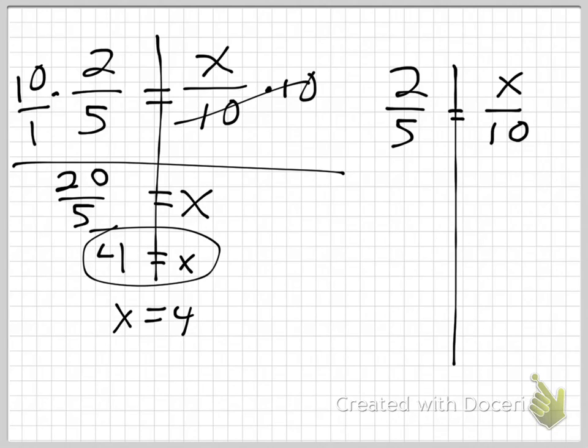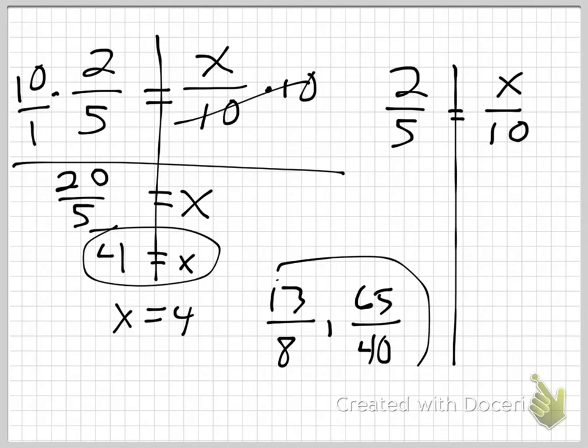You remember this? Do you remember when we did this here? What was one way of finding out if ratios were proportional? If I had 13/8 and I wanted to know if that was the same as 65/40, what did I do? What's one of the ways that I showed you how to find out if they form a proportion?